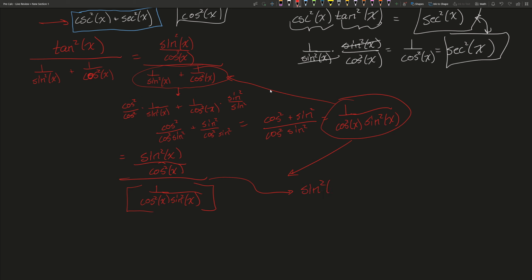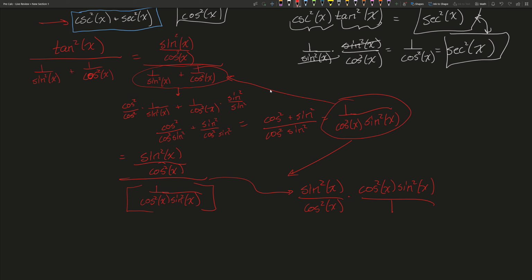So we have sine squared of x over cosine squared of x times the reciprocal, which is just cosine squared times sine squared over 1. And then we can start to cancel stuff.